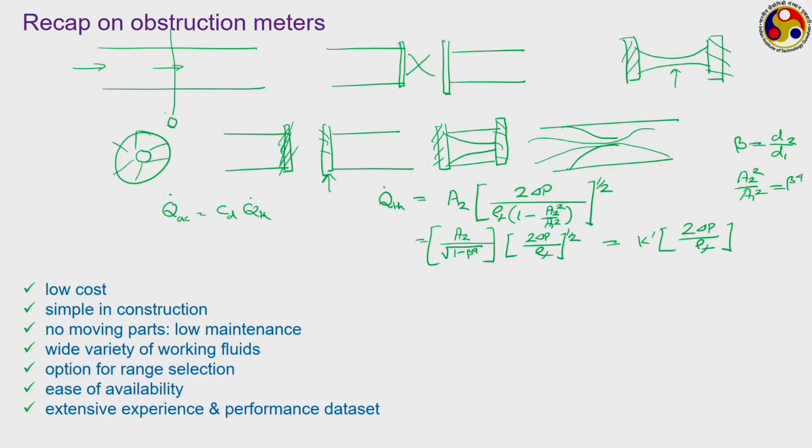There is extensive experience and performance database, because people have been using these meters for several decades, and more or less we know everything about them, what to expect from them. And accordingly we also have readily available standards to follow, what should be the installation procedure, what should be the calibration procedure, exactly how we should take the flow reading. You can always get lots of help about this.